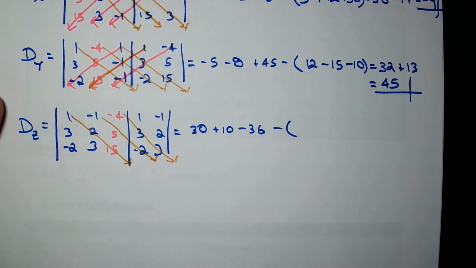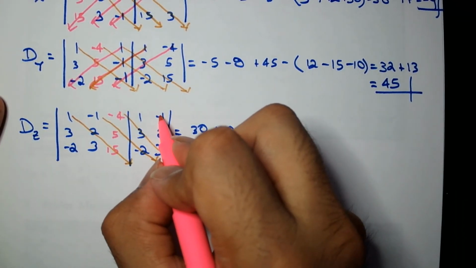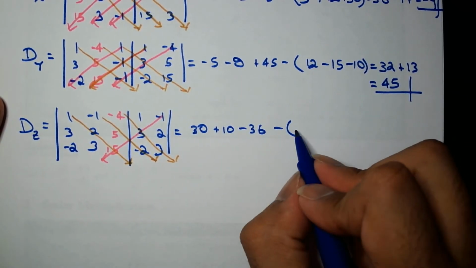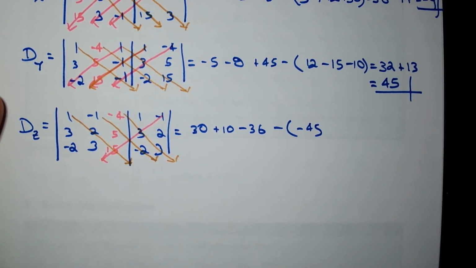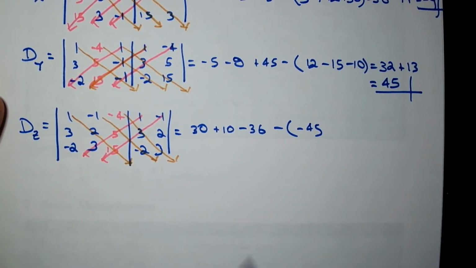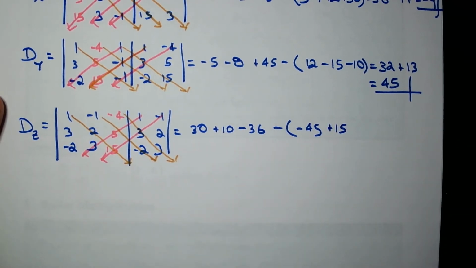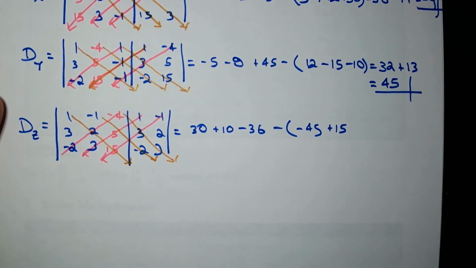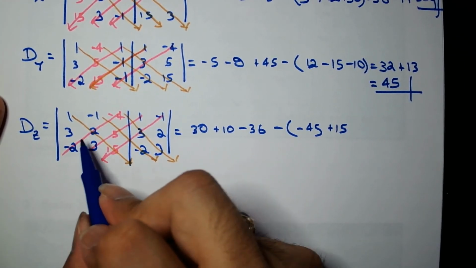Minus the products in the backwards direction: negative 1 times 3 times 15, that's negative 45. 1 times 5 times 3, that's positive 15. Last but not least, negative 4 times 2 times negative 2, that's going to give us positive 16.